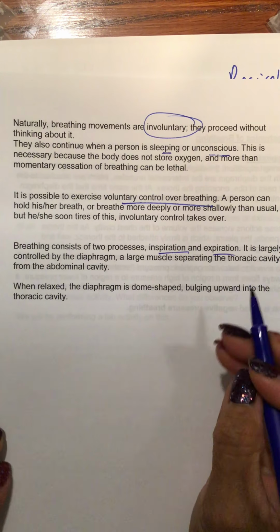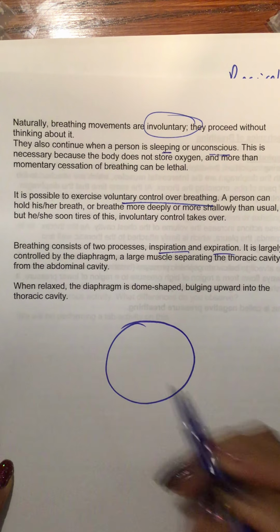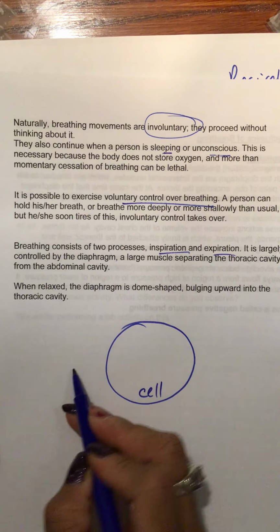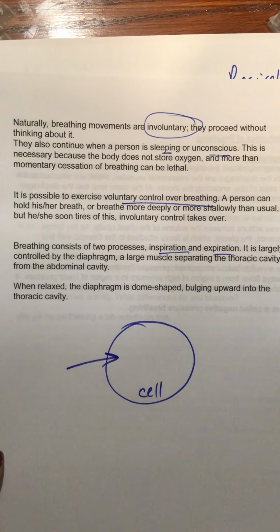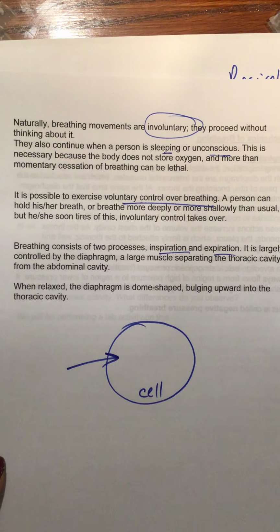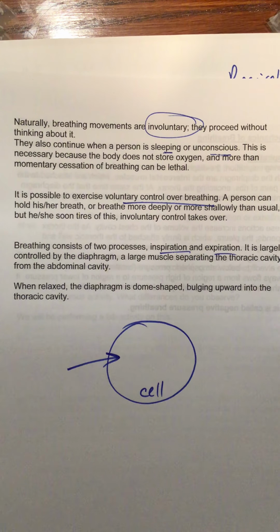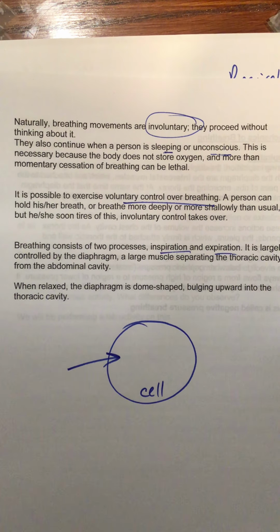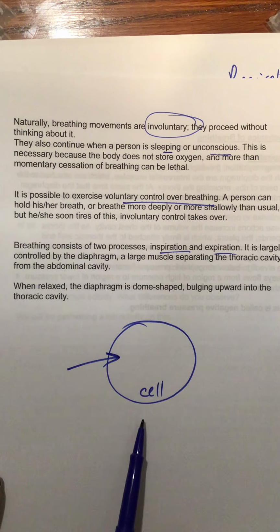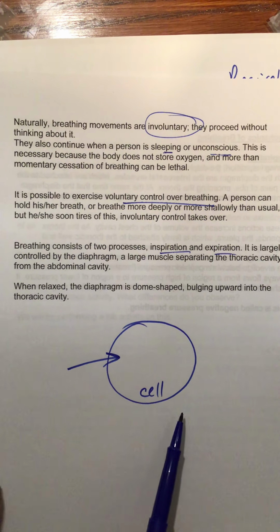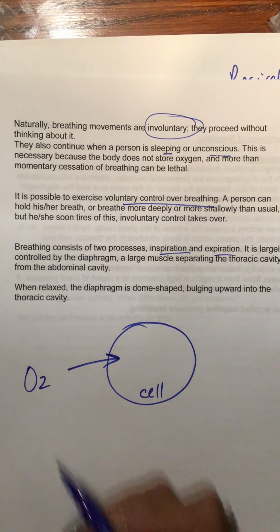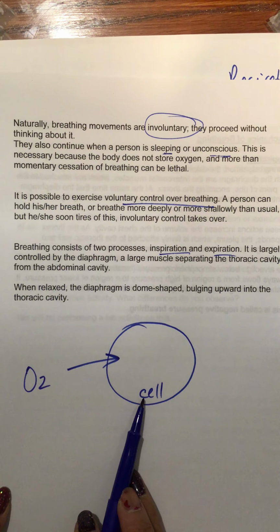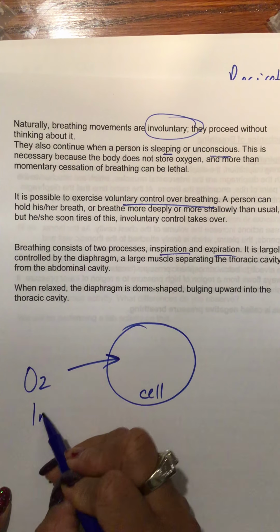So here is the cell. In the process of breathing in, there are 3 stages: external respiration, internal respiration, and cellular respiration. So I'm going to bring it into the cellular respiration here. The oxygen needs to be brought into the cell in the process of inspiration.